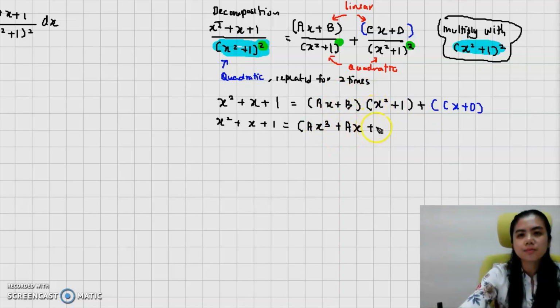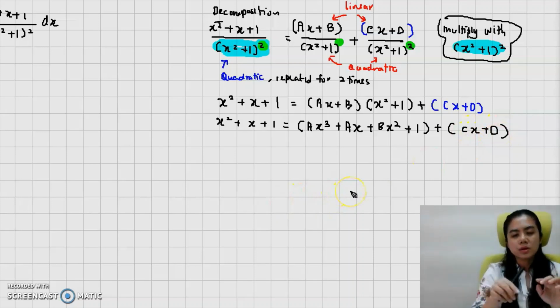Expand this, I will have bx squared, and I expand this, I will have plus b. This one, just leave it that way. I'll have cx plus d. We write it in a simpler form so that it will be easier for you to do the comparison of the left hand side and the right hand side.